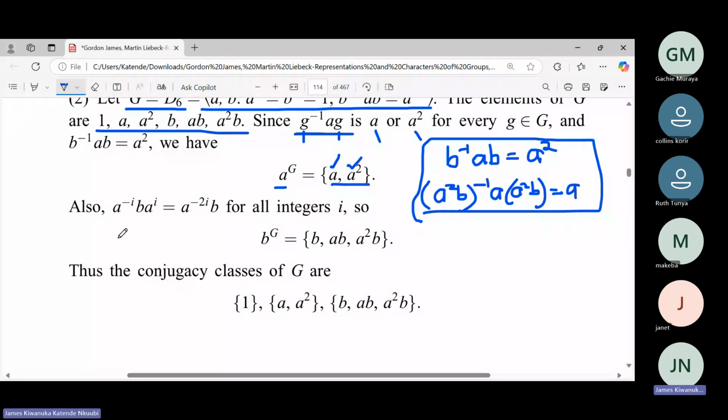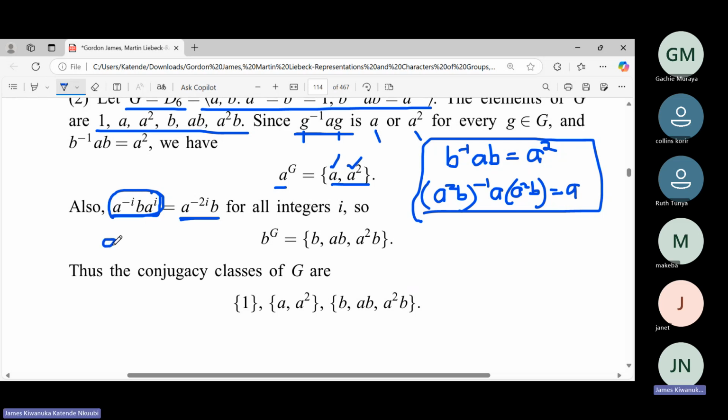And in general, if you have the conjugacy class of B, if you pick any, if you do this, you will always get this, right? A to the minus 2i B. So if i is 1, for instance, let's take i to be 1.